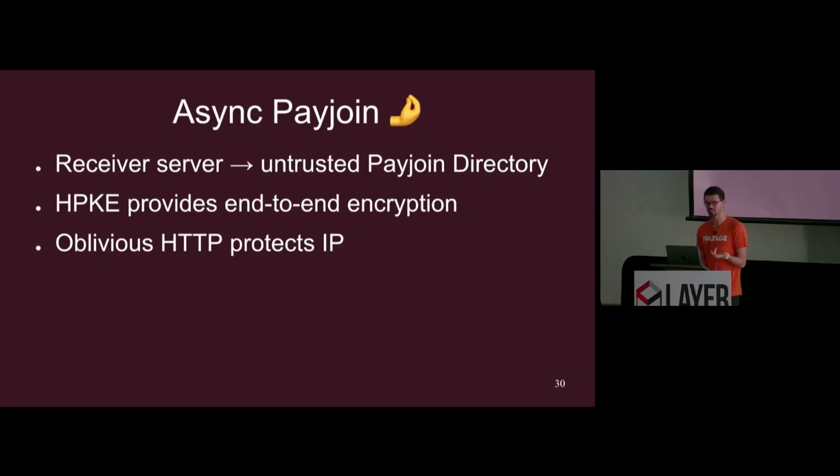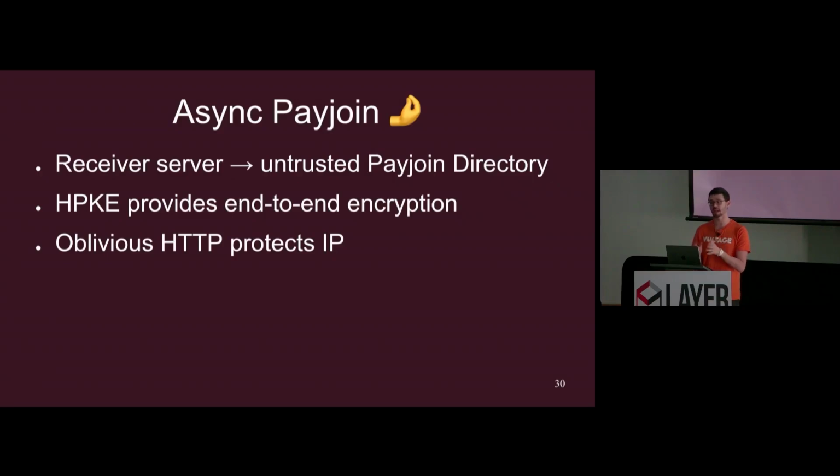So what is async Payjoin? Basically, at the highest level, it outsources that pain point for the receiver to be required to have a server. It outsources that to an untrusted Payjoin directory server, okay? And the reason that Payjoin directory can be untrusted is that something called hybrid public key encryption provides end-to-end encryption for the PSBTs.